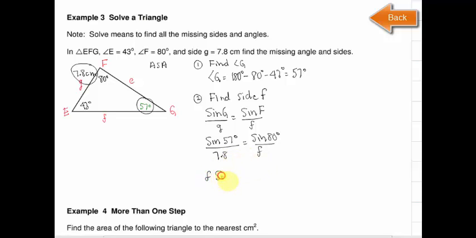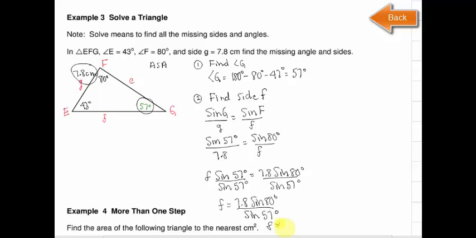So F times sine of 57 equals 7.8 times sine of 80. Divide both sides by sine of 57. And I get that F is equal to 7.8 sine of 80 over sine of 57.